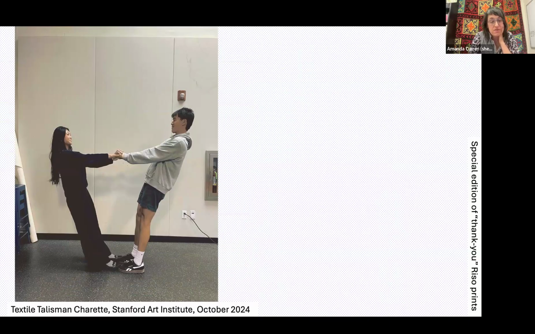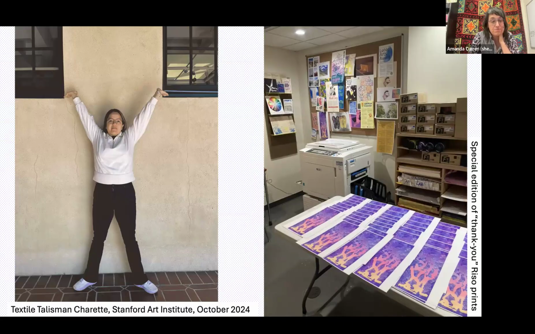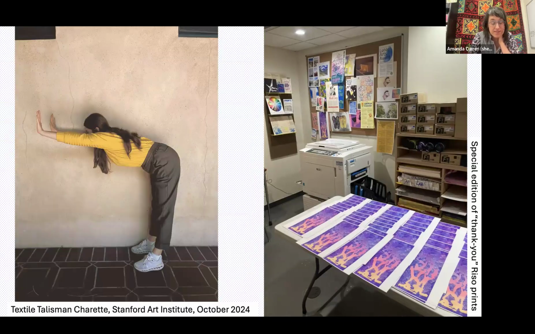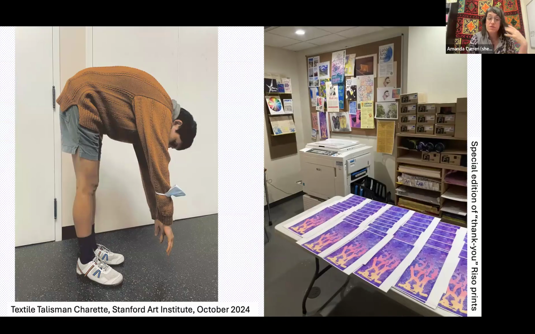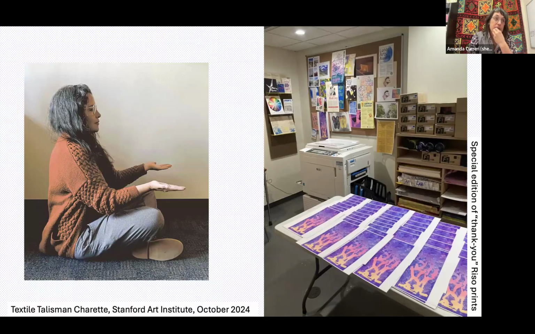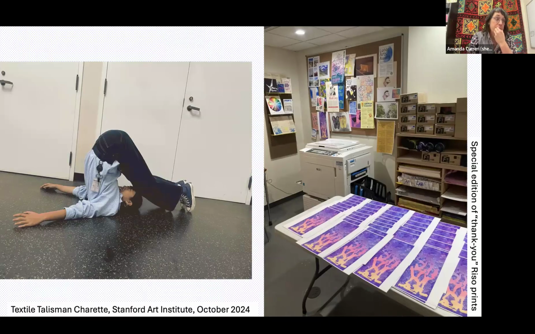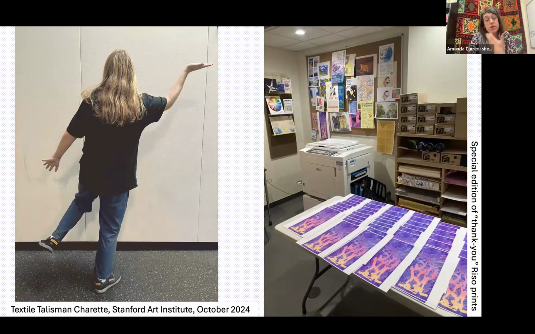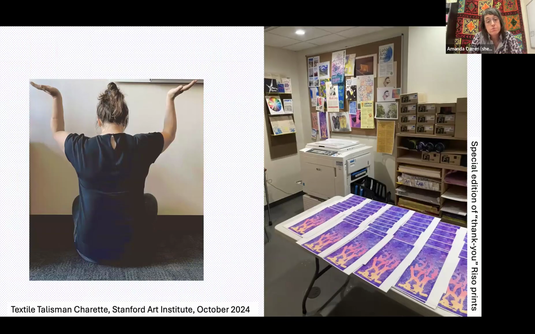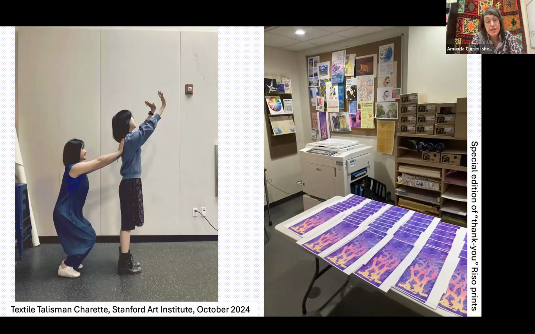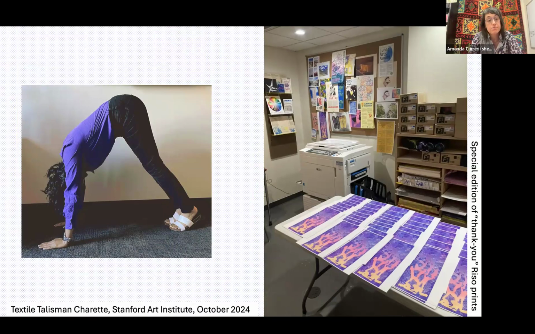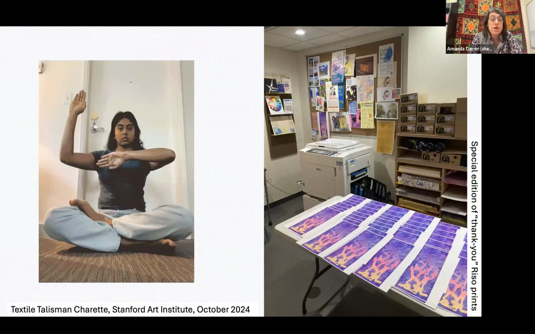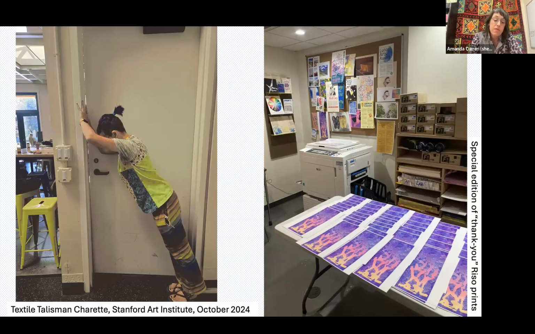So these are images of the participants offering their bodies as a unit of support to then be built into the design of the banner, which some of them then came and I introduced them to weaving on the loom so that they could then take a class next semester with Hideo on the loom.